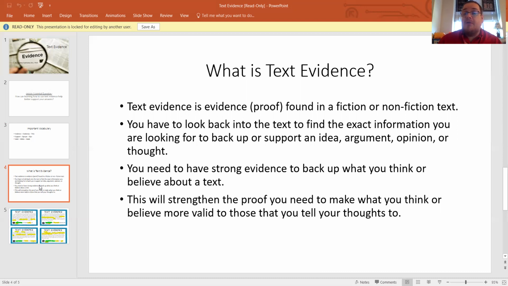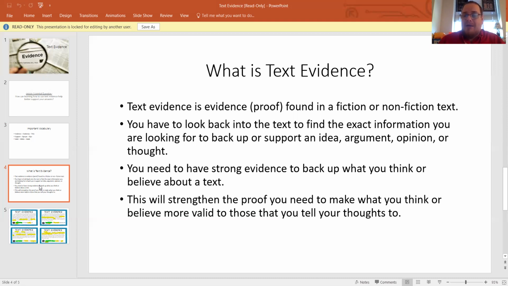Okay, and also can be found in fiction, like Tangerine or what the Weston game, that kind of thing. You have to look back into the text to find exact information you're looking for to back up, or in this case, support, as we just said, that's one of our vocabulary words, an idea, argument, opinion, or thought.